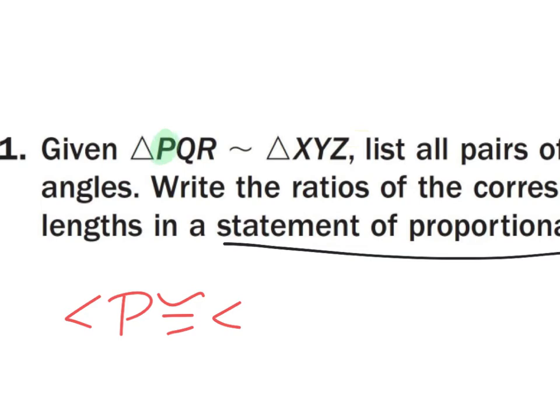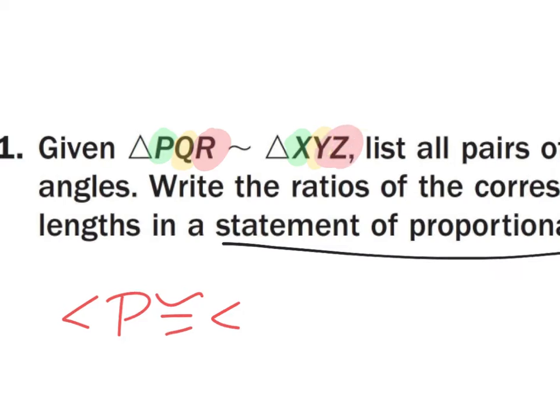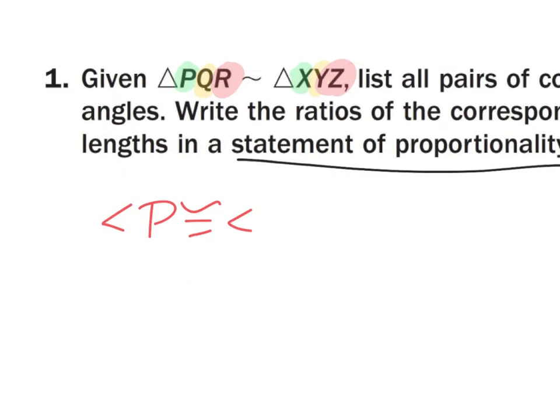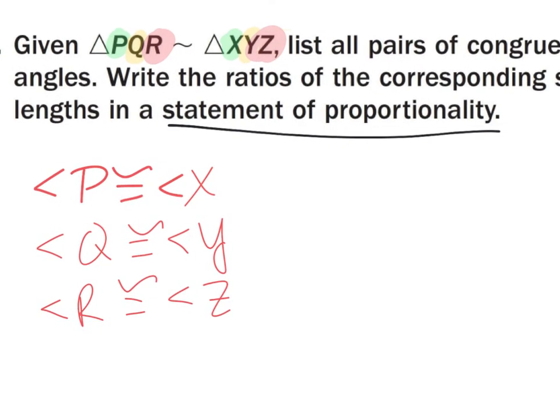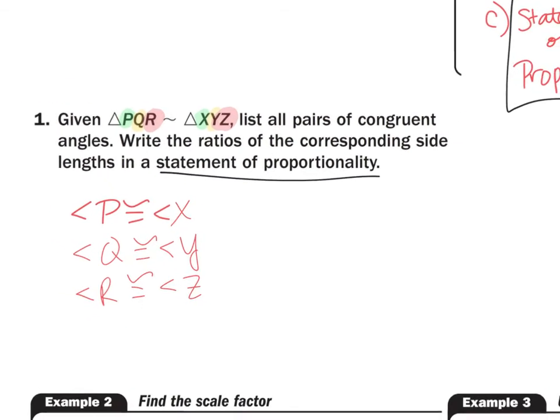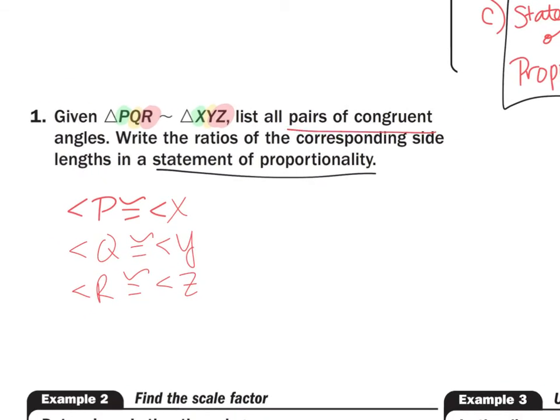So P goes with X, Q goes with Y, and R goes with Z. So I said the angle P would be congruent to angle X. Angle Q would be congruent with which angle? Y. And then angle R would be congruent with angle Z.